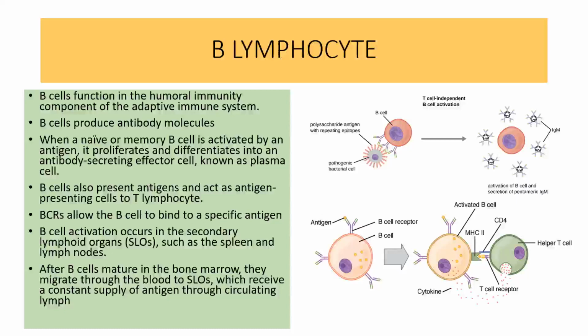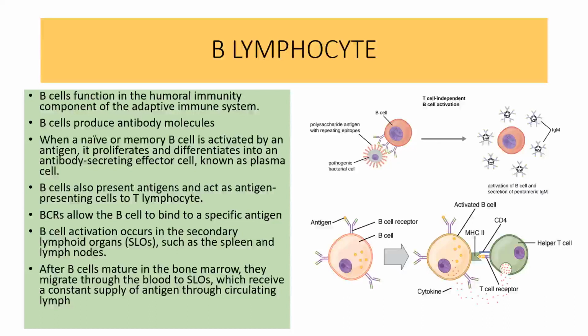In that case, the antigen binds with the BCR, but it fails to activate it. The antigen is processed in the B cell, then it is presented through the MHC class II molecule on the B cell surface, and the T helper cell binds with the MHC class II molecule with the help of CD4.